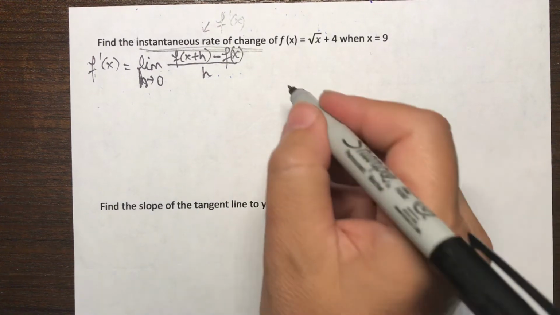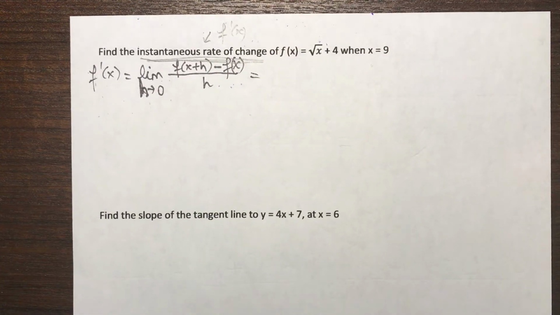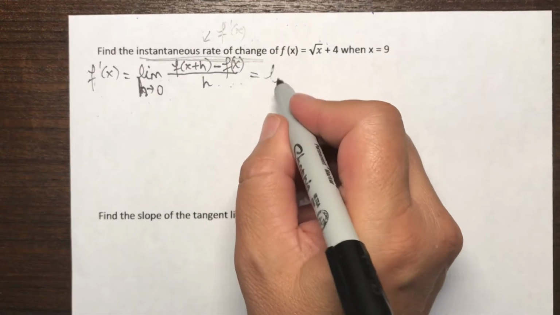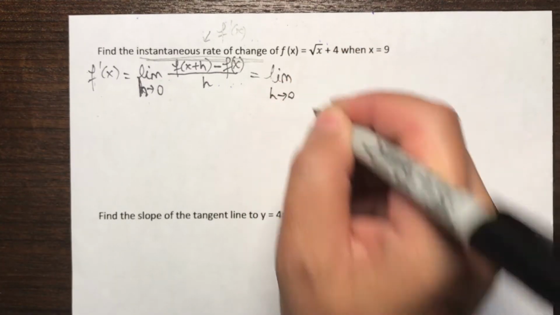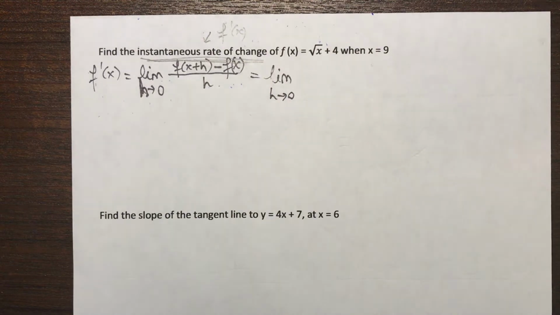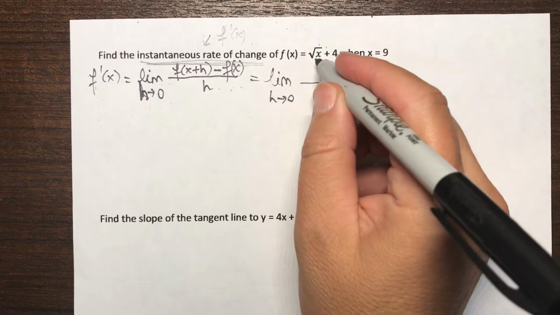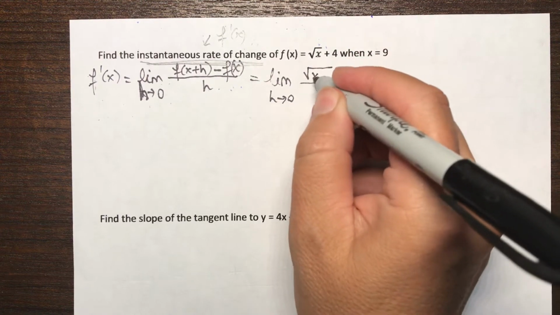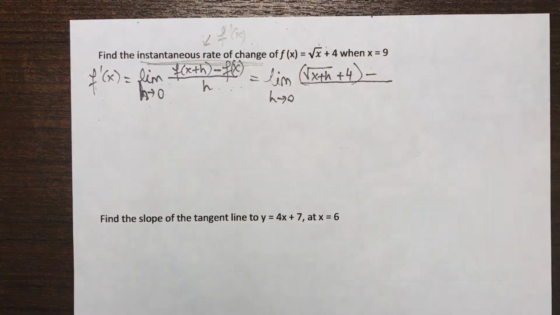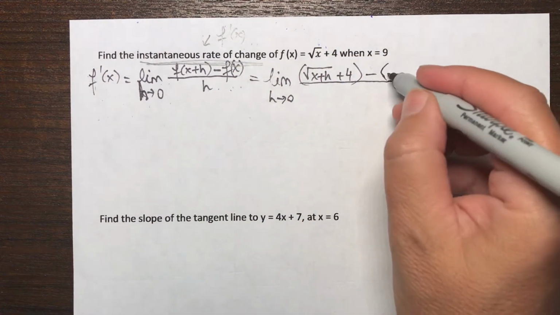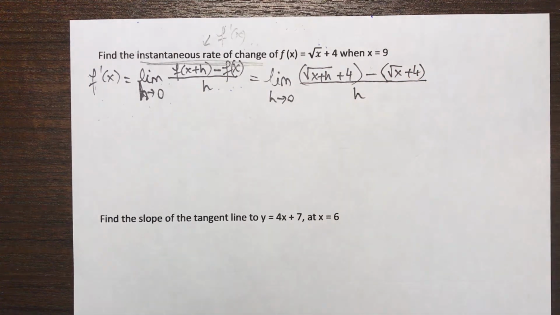So what does it mean to find this derivative? Okay, so here it is. It's the limit as h approaches 0. So what I'm going to do is plug in these values. So f of x plus h is going to be the square root of x plus h plus 4 minus f of x, which is the square root of x plus 4, all over h.